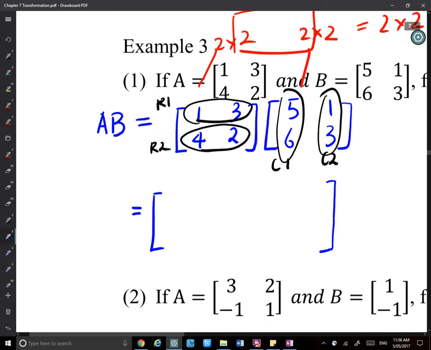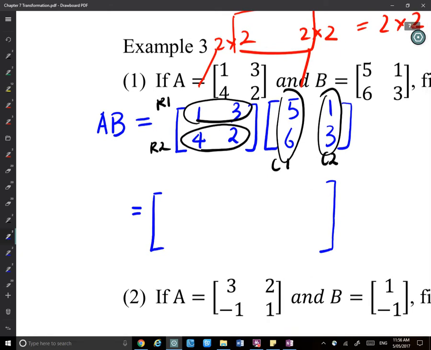So how do we find these 4 entries? You use the row in the first one to times the column in the second one. Let's say row 1 will times with column 1. The answer will be written in the row 1, column 1 place.